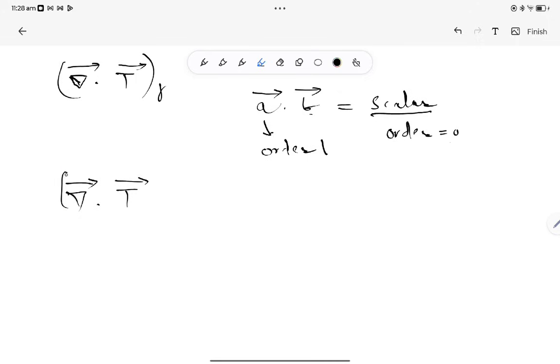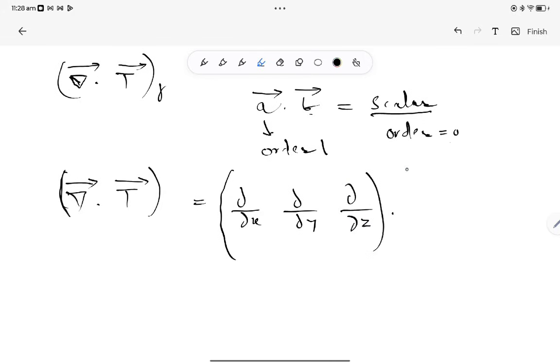Say, for example, you just want del dot T. Now you have del component, you write components of del: del by del x, del by del y, del by del z. And then the dot product is the same here as matrix product.